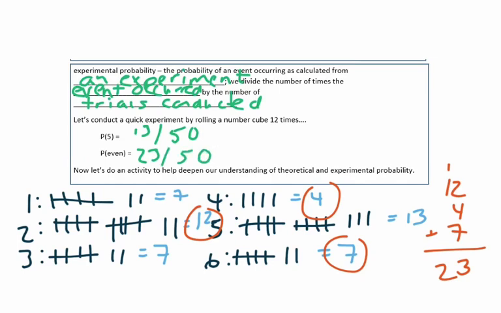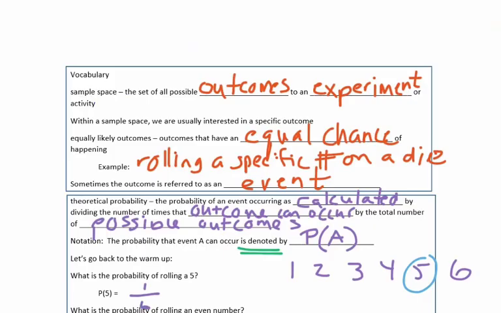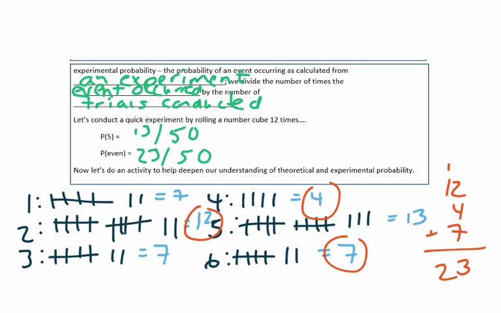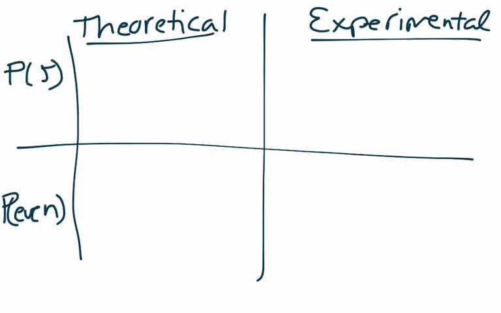Now let's go back and compare those to the theoretical probability for a moment. The theoretical probability of rolling the 5 was 1 out of 6. It's a little bit tricky to compare 1 out of 6 to my experimental, so we're actually going to change those over to decimals.